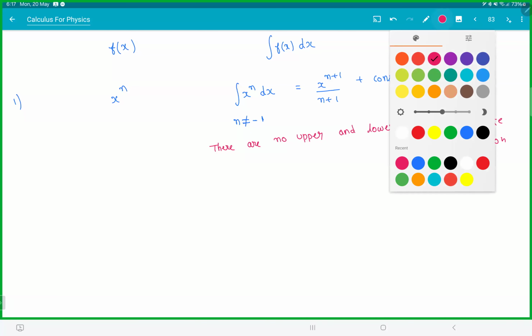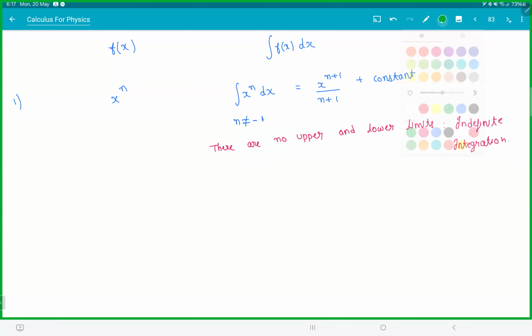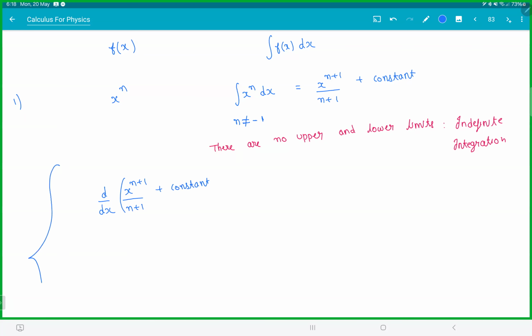Now let's try to understand this thing. Just now we wrote the statement wrong, but if you differentiate a function, you should get the function back. So d by dx of x power n plus 1 by n plus 1 plus constant. This will be 1 by n plus 1 d by dx of x power n plus 1.